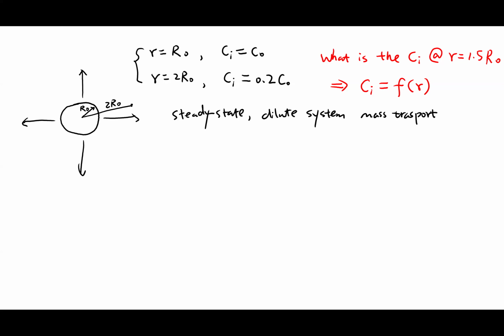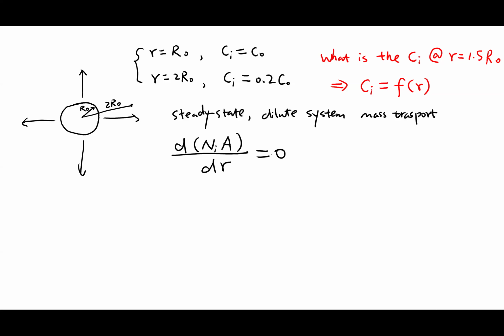For a problem like this, we can set up the equation. Since it's steady state, the concentration change with respect to time is 0, right? So what we have is the flux times the area, differentiated over the radius, is 0.